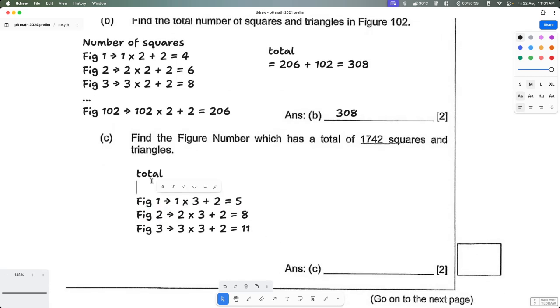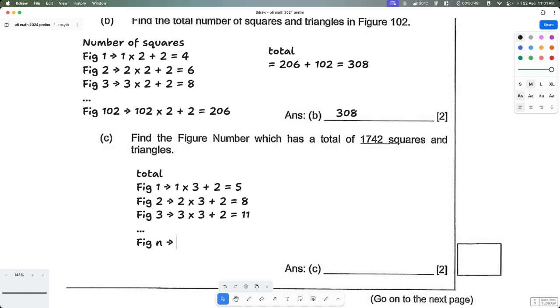Okay, so the total, and then that means dot dot dot, so figure n is equal to n times 3 plus 2, is equal to 3n plus 2.